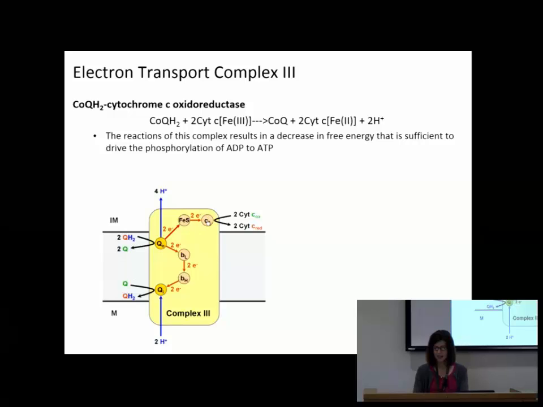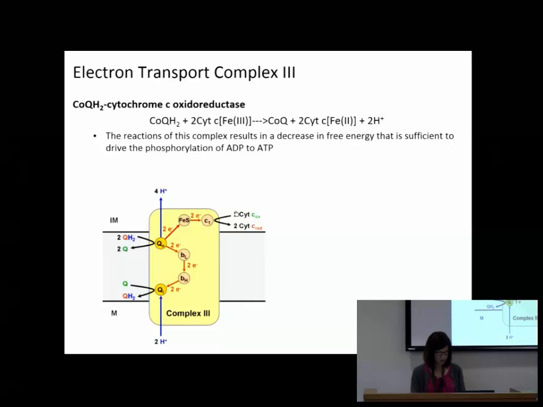Then that's going to pass it along to cytochrome C. You're going to take it from the coenzyme Q, this QH2. That's the same thing as coenzyme Q. And then it's going to pass it to iron sulfur centers in cytochrome C1. Then that cytochrome C1 is going to pass it along to cytochrome C.